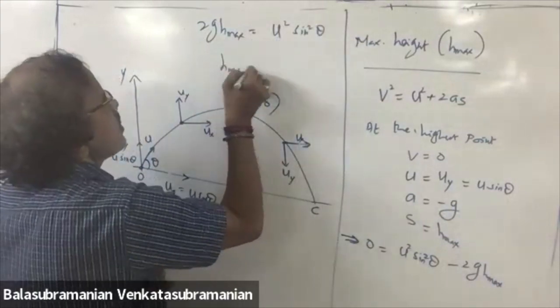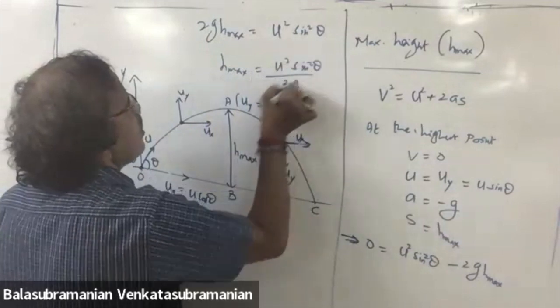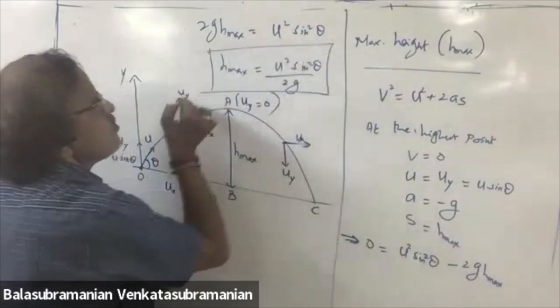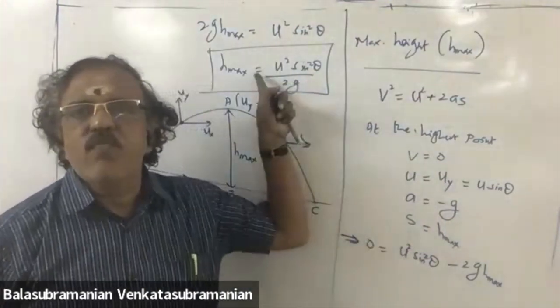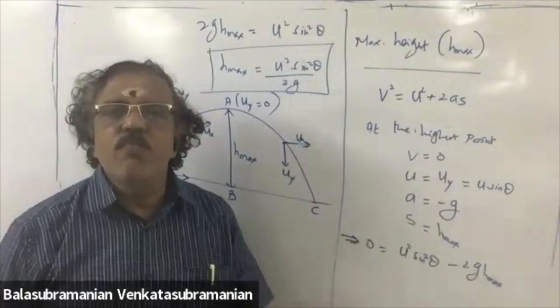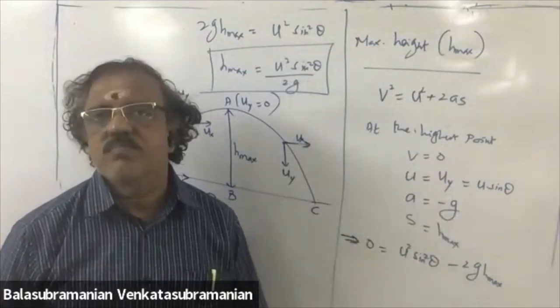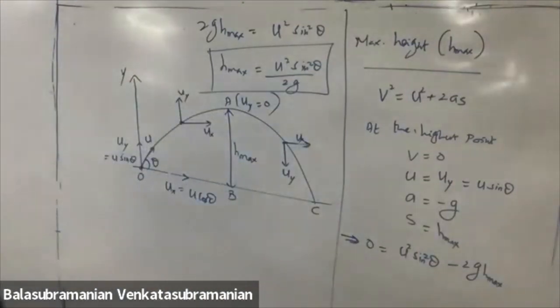H max is equal to u square sin square theta by 2g. Simple. This is the equation for maximum height attained by the body for an oblique projection. Okay. Next, time of flight.